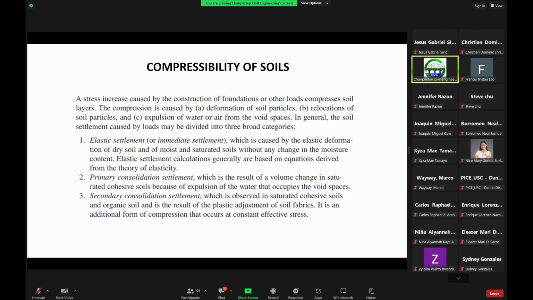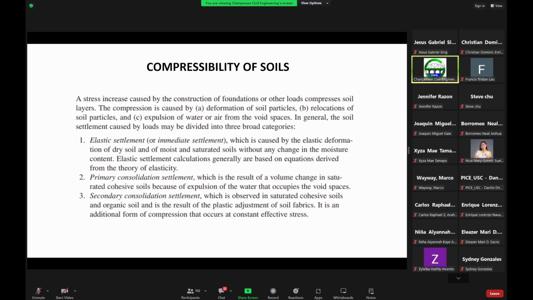That shallow foundation will create a structural bearing pressure, which can cause a stress increase into the ground, and this stress increase will now create this settlement into the ground. So let us now try to understand these basic settlements.